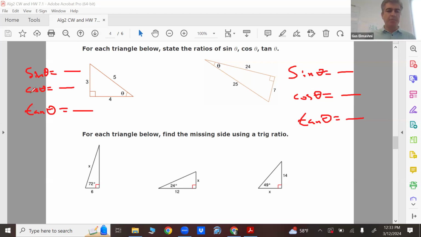Okay. Let's start with sine. Sine theta, opposite over hypotenuse. What's my opposite side? 3/5. Cosine? Tangent? Other one.